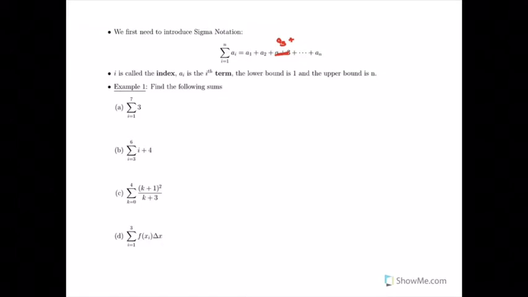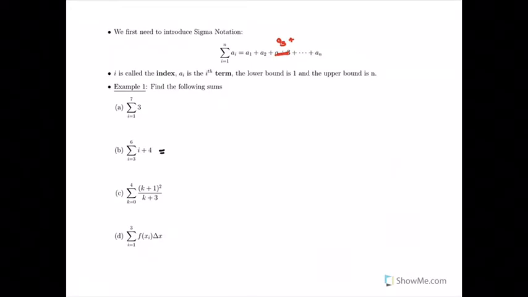So let's look at some examples. We're actually going to skip the first example right now because it's pretty easy. We'll see what I mean by that in a second. When we talk about this part B, we have the sum from i equals 3 to 6, of i plus 4. So what this says is that we are going to add up all the terms starting at 3 going all the way up to 6.